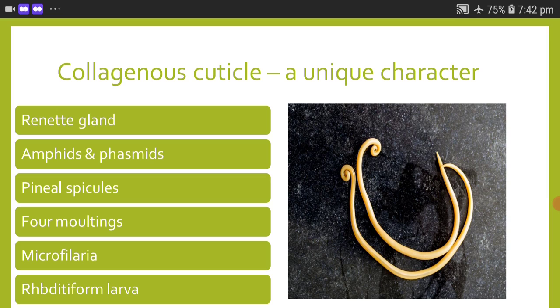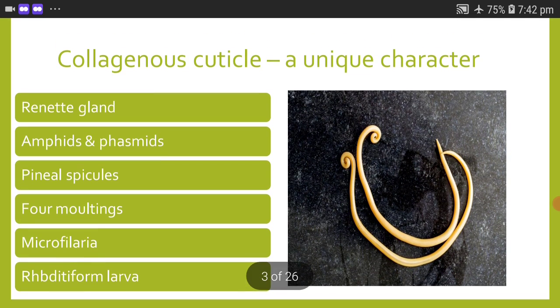And there are amphids and phasmids. Amphids are the chemoreceptors that are present at the anterior side. Phasmids are the glandulosensory structures that are present on the posterior side. Based on the presence of phasmids, the phylum Nemathelminthes is classified into Phasmida and Aphasmida. That means the basis for classification of Nemathelminthes is presence and absence of phasmids.